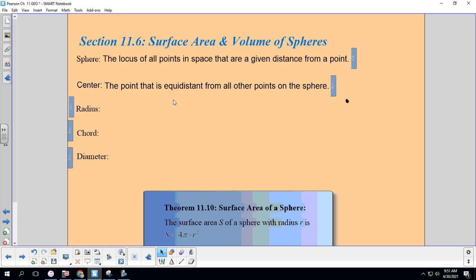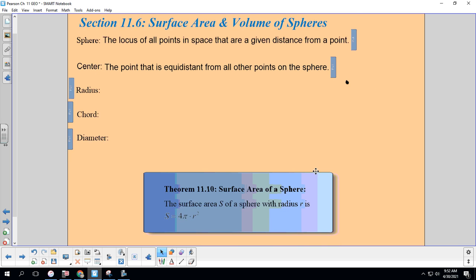It's the point that is equidistant from all other points on the sphere. So we have our center point, and then all the other points on the sphere are represented.